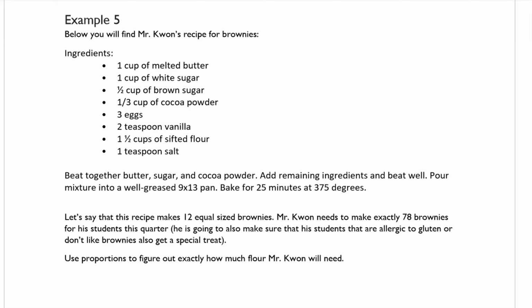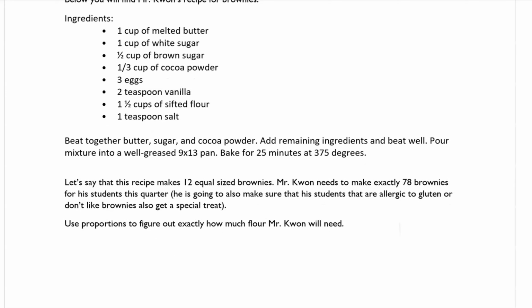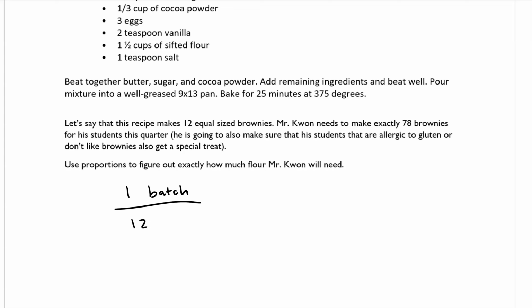Kwan will need. So first of all, we know that one batch makes 12 brownies. So we're going to need to make a calculation to figure out how many batches we're going to need if we need to make 78 brownies.